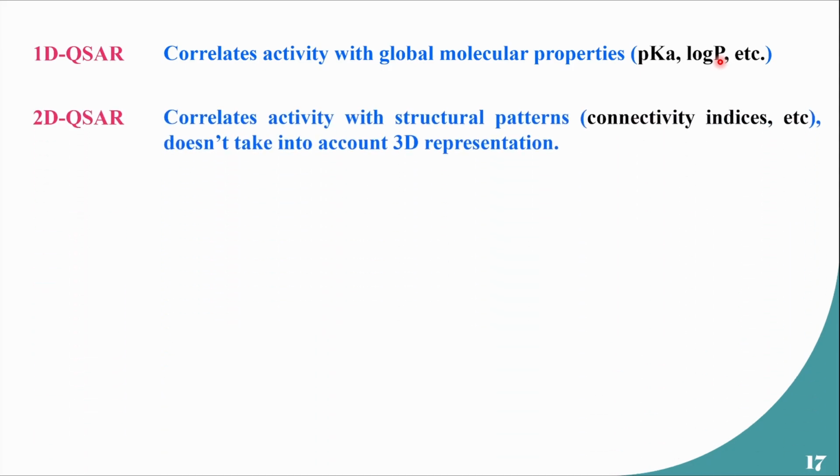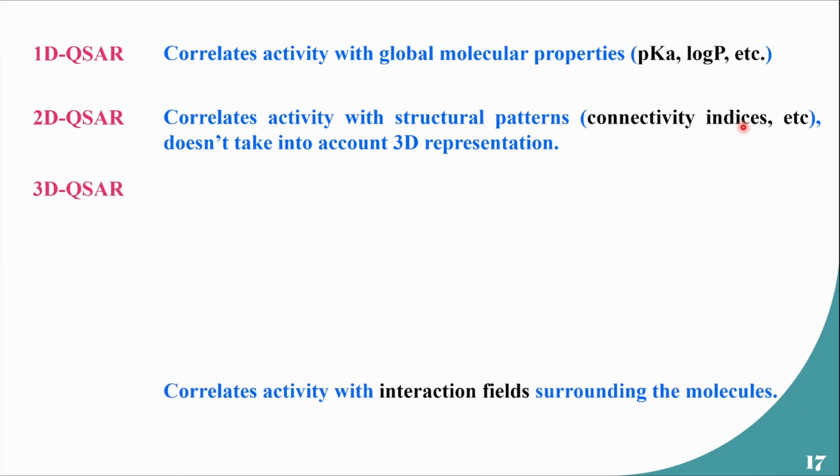Now 2D QSAR correlates the activity with structural patterns, for example, connectivity indices, etc., right? 2D QSAR does not take into account the 3D representation. So only the connectivity indices, for example, which residues are connected to which one, and so on. This type of network or connectivity is considered by 2D QSAR. However, the proper 3D representation is not taken into account.